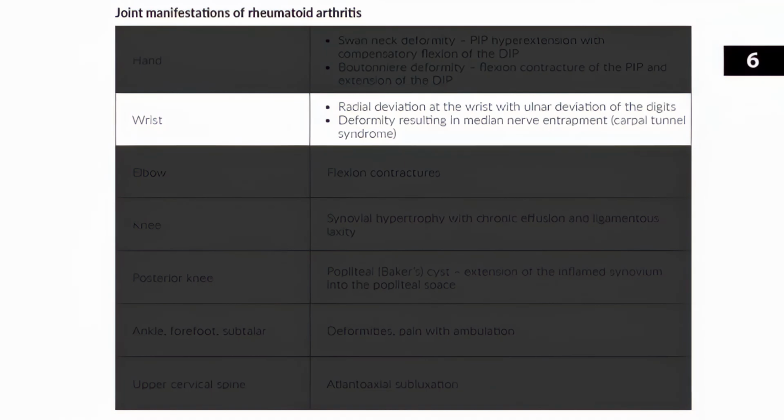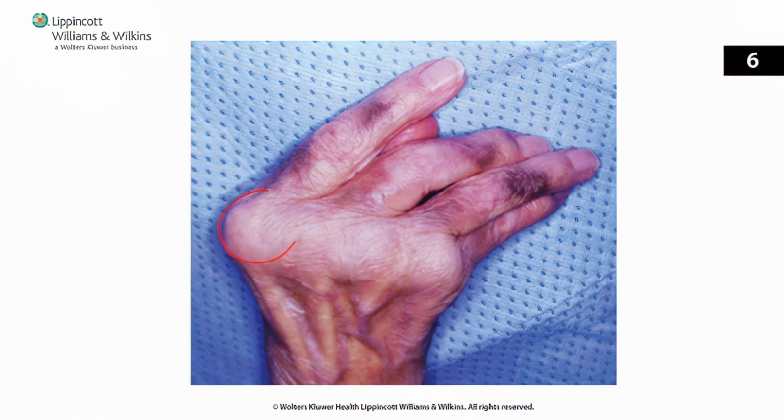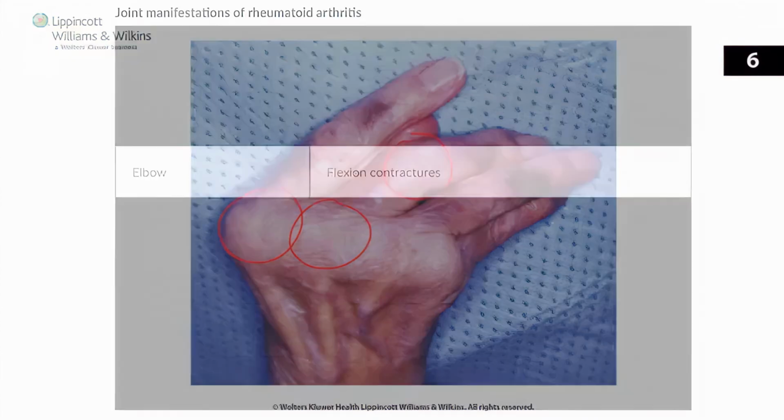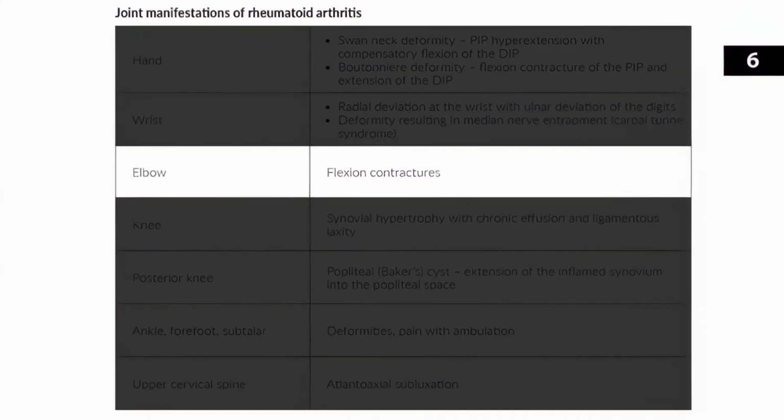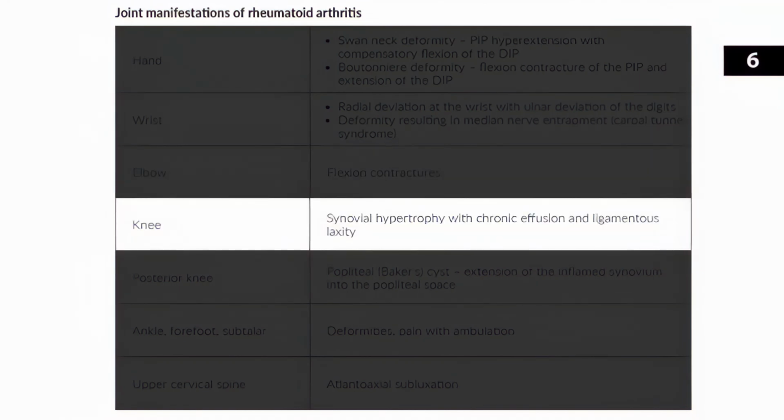At the wrist in rheumatoid arthritis, there can be radial deviation at the wrist with ulnar deviation of the digits. There might also be a deformity resulting in median nerve entrapment or carpal tunnel syndrome. At the elbow, there may be flexion contractures. At the knee, there may be synovial hypertrophy with chronic effusion and ligamentous laxity.